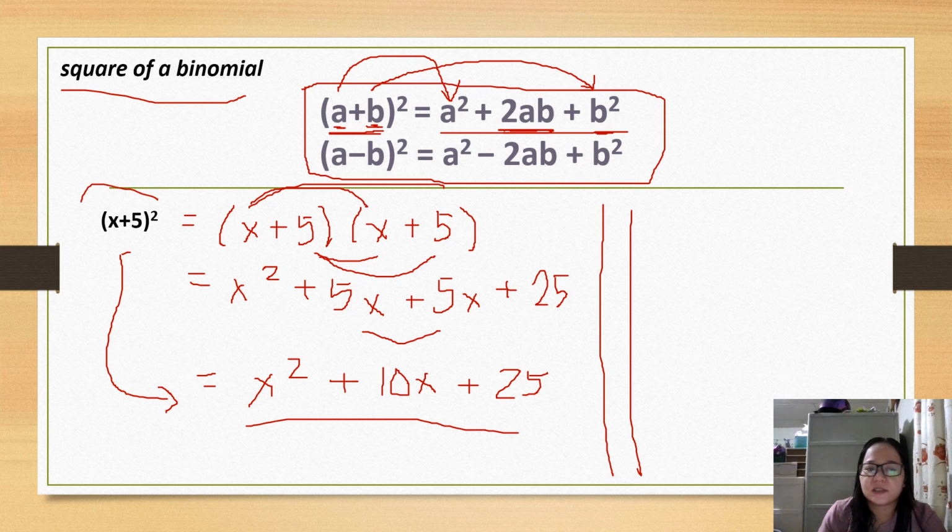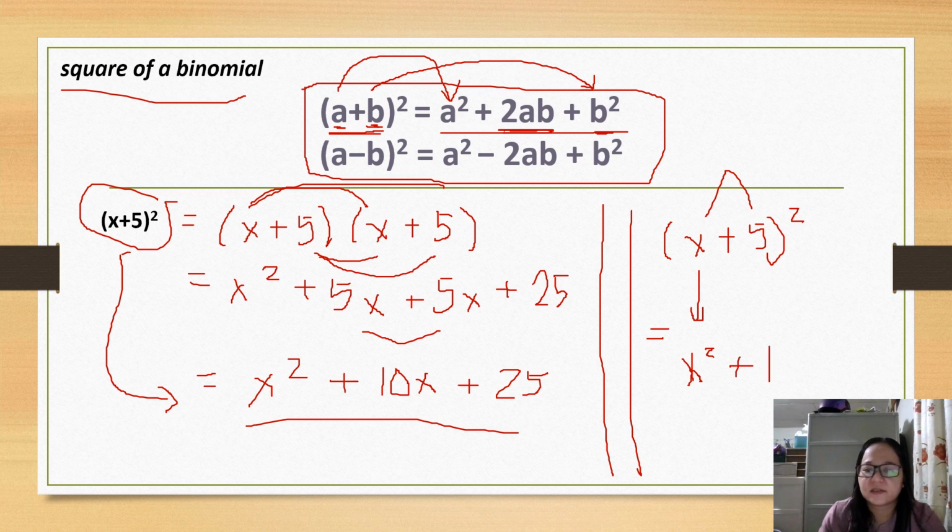So, using the same example, we have x plus 5 raised to the second power. To get the product, first, we square the first term. So, what is the square of x? The square of x is x squared. And then, for the middle term, we multiply x times 5, which is 5x. And then get twice of it. What is twice of 5x?